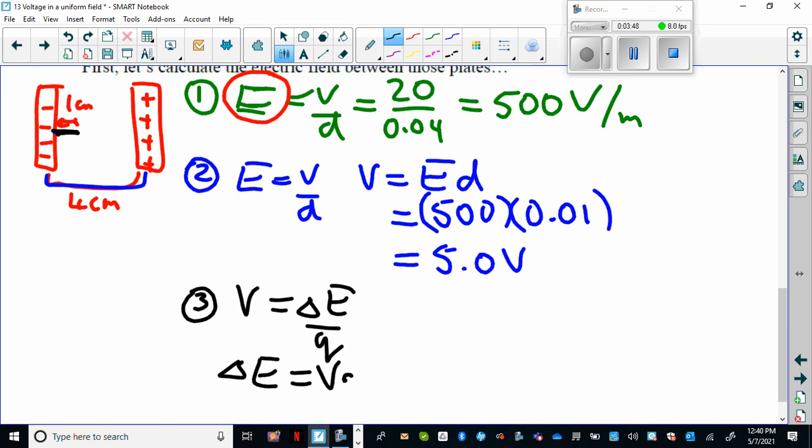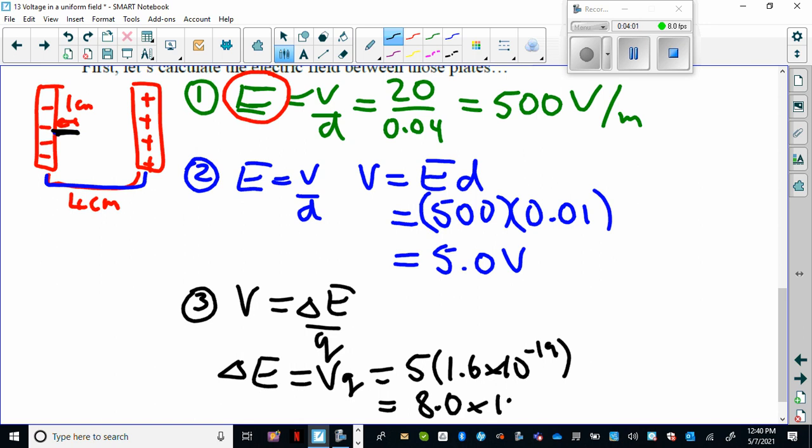It's going to equal VQ, which equals 5 times 1.6 times 10 to the negative 19, since we're talking about an electron here. That gives us 8.0 times 10 to the negative 19 joules. So that's how much energy it's gained.